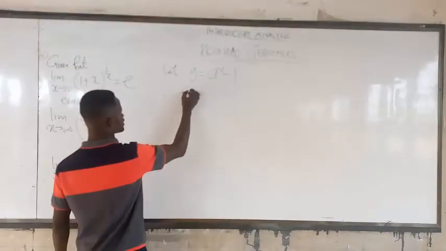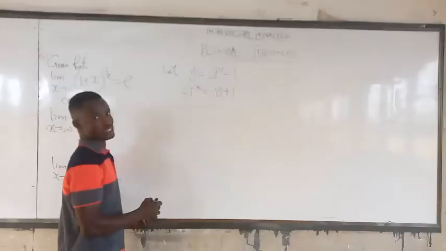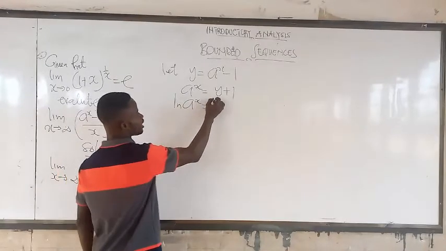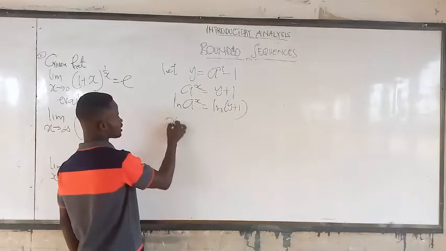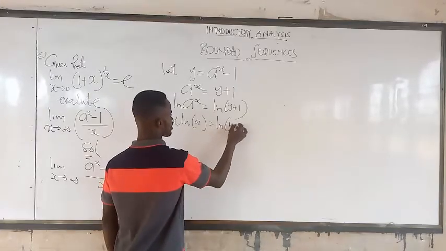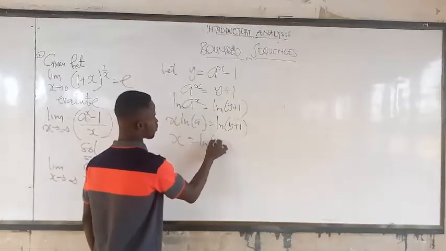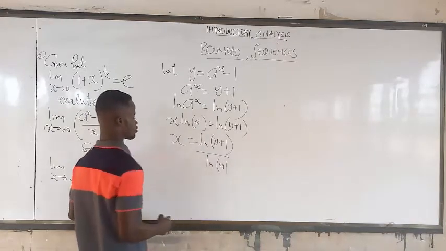Then a raised to power x is equal to y plus 1. So when you take the ln of both sides, so that you can make x the subject, you get x ln a equals ln (y plus 1). So x is equal to ln (y plus 1) over ln a.